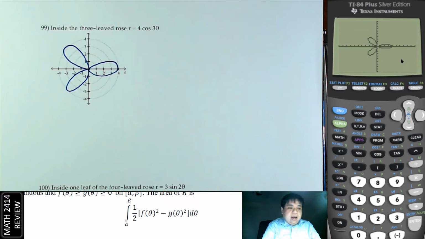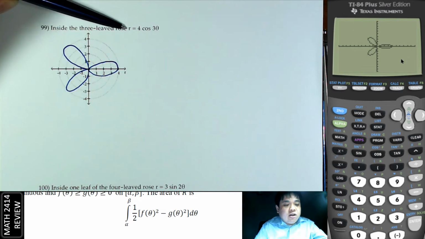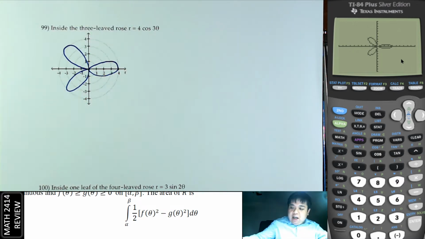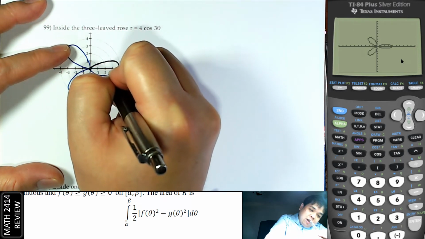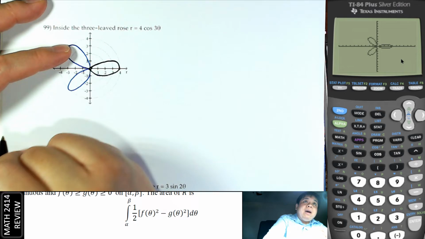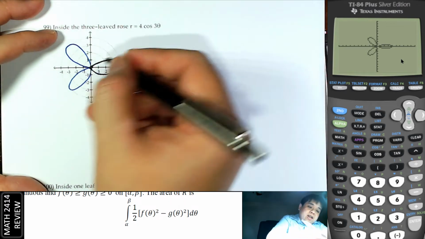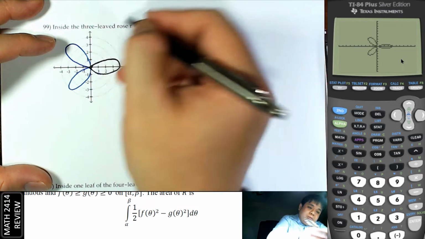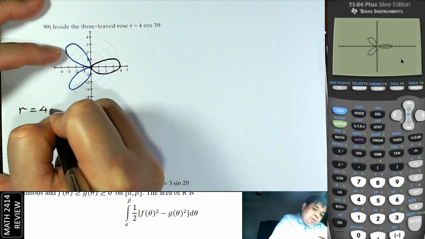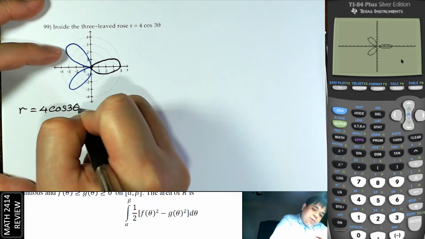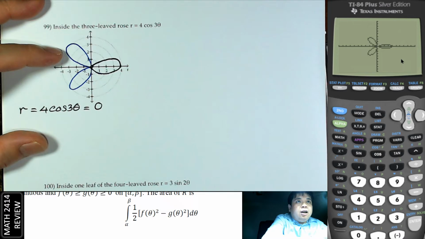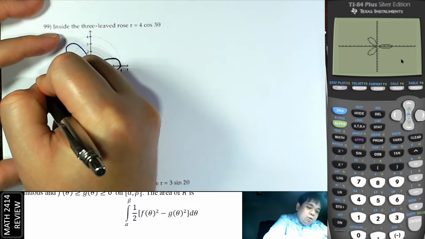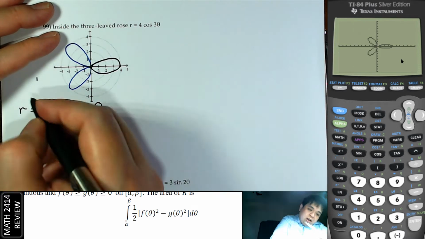So now first, let's set up the limits. If I have to draw one petal, I start from the center and then go outside and then go back. Originally r equals 0, then get back to r equals 0. So we'll let this equal 0 and find all the points. Now first I will divide by 4 on both sides.